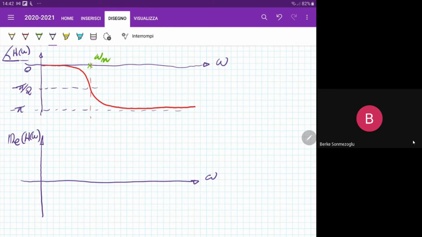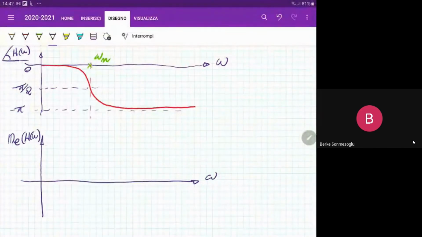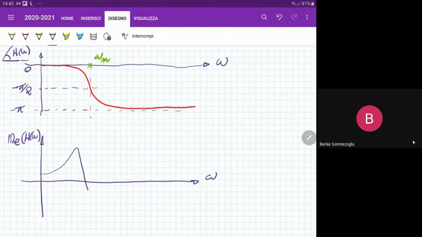And once again, the typical plot is something like this.